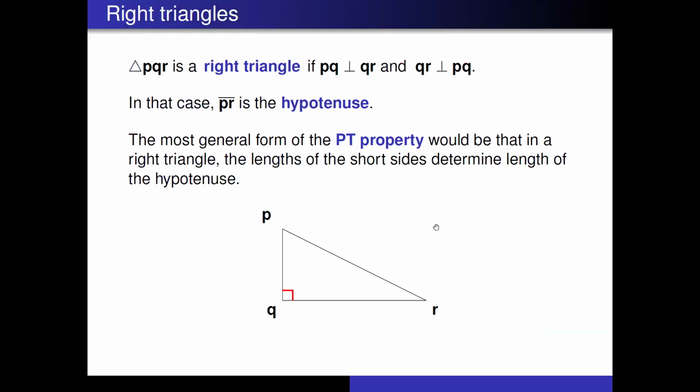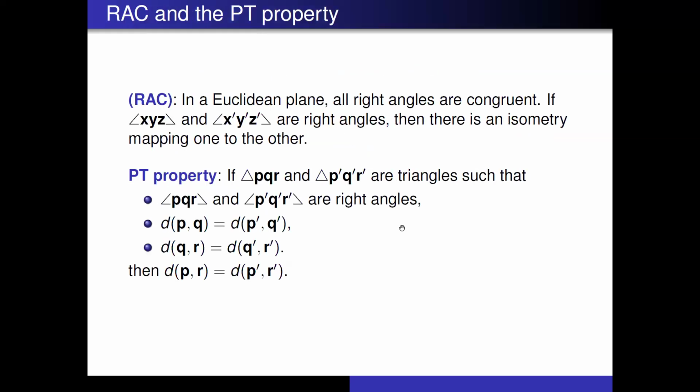So let's say the PT property is that for a right triangle, that is when the 2 short sides are perpendicular, that determines the hypotenuse. So that's the Pythagorean property. And now in the Euclidean plane, all right angles are congruent.